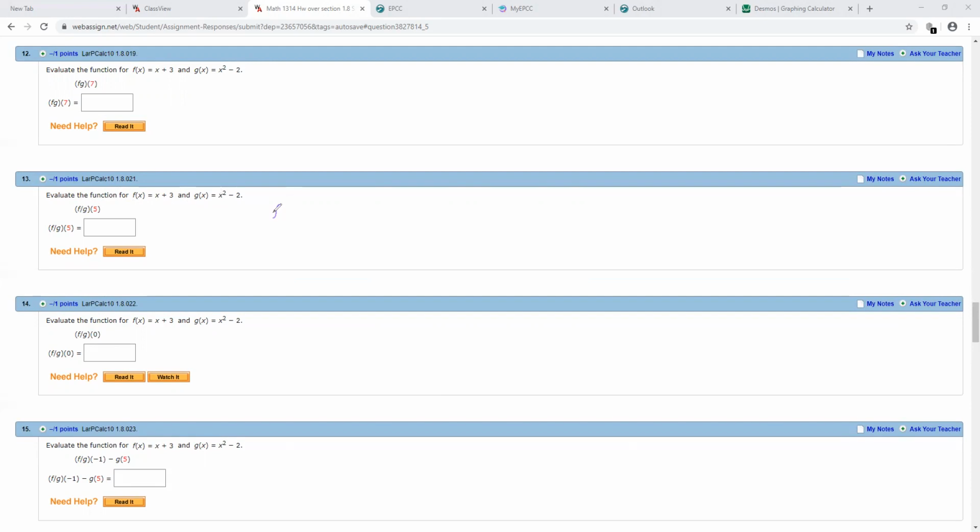But we could do this first. We could say f divided by g, or they write it however they wrote it above as well, or just like this, f over g of x.